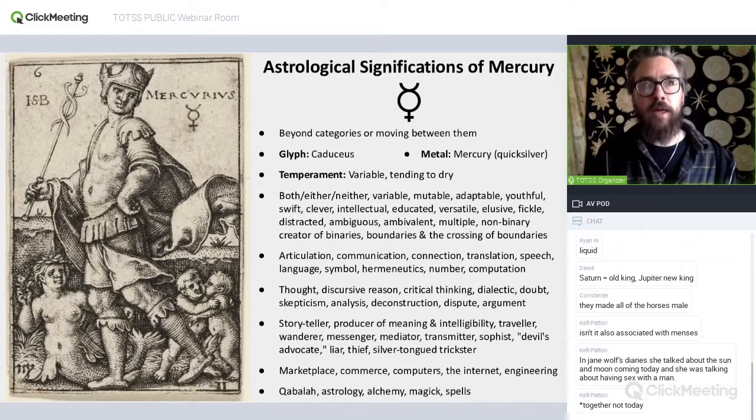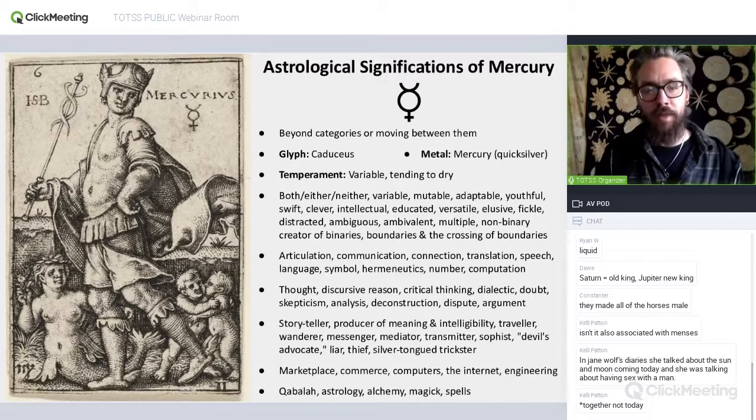Although Mercury is non-binary, Mercury doesn't symbolize being everything all at once. That's more Jupiterian. So although Mercury is non-binary, Mercury divides things into binaries. And sometimes I like to think of Mercury as the boundary line itself, which is neither on one side nor the other, but the thing that separates one side from the other. So Mercury both rules boundaries, but is also able to cross boundaries.